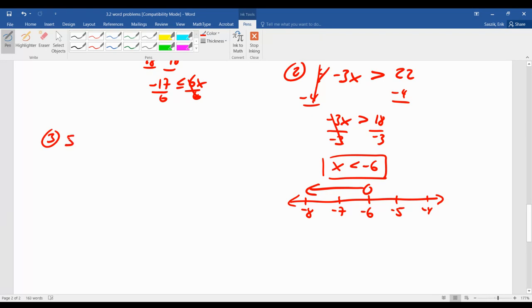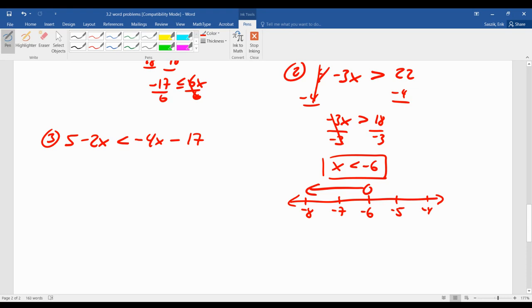Okay. Let's do 5 minus 2x is less than, we'll go with -2, 4x, and then minus 17.